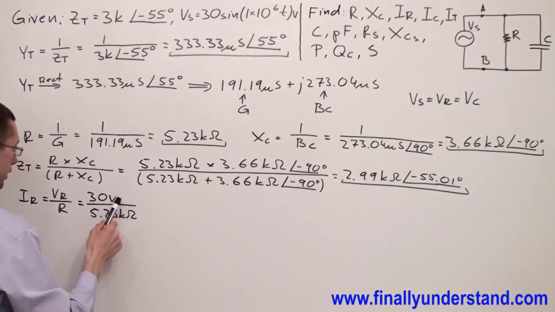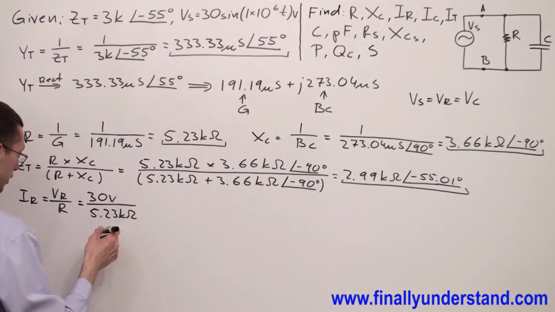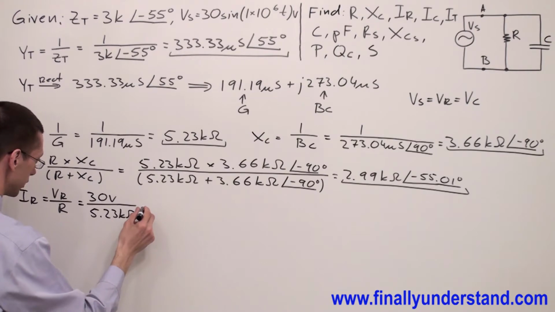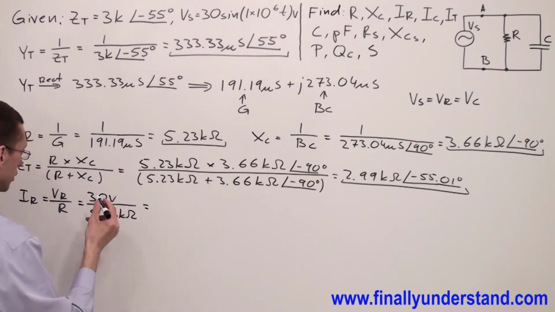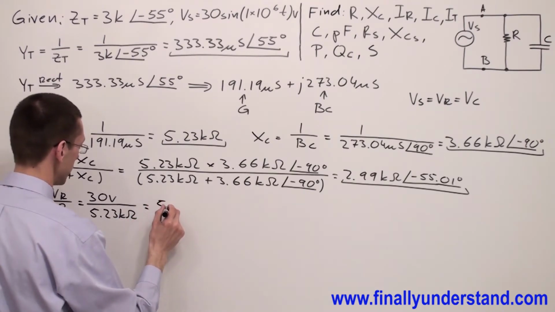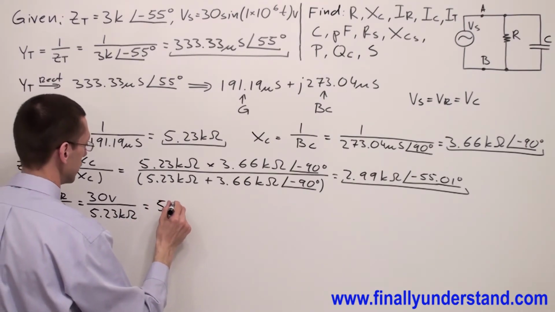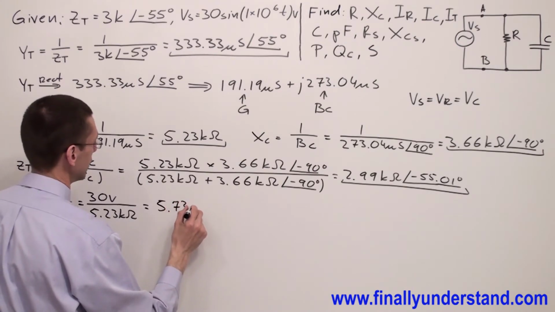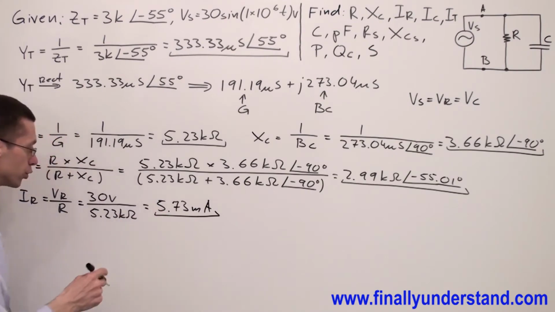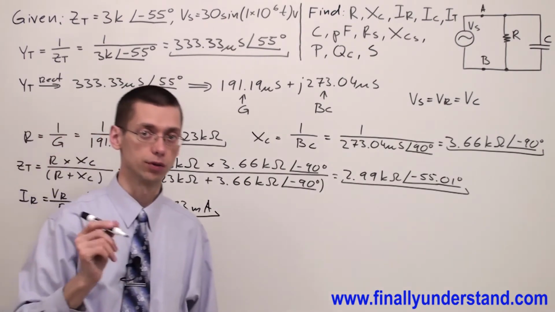I'm not supposed to write angle 0 if I have a voltage like that. So what I'm supposed to do is simply perform the division. 30 volts divided by 5.23 kilohms is equal to 5.73 milliamps. Okay, so this is the current which goes through the resistor.